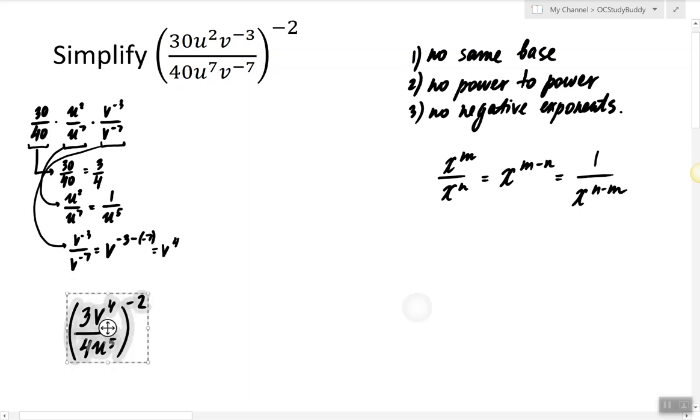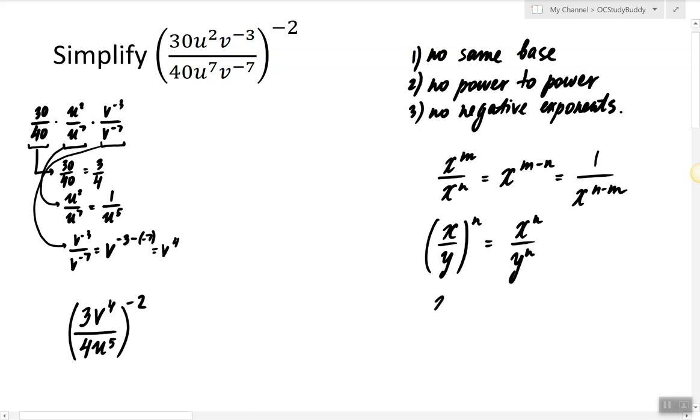We use the quotient to the power rule that says that x over y to the power n is the same as x to the n over y to the n. And there is also another variation of this rule that says that x over y to the power negative n is y to the n divided by x to the n. Because of the negative exponent, we flip the fraction.